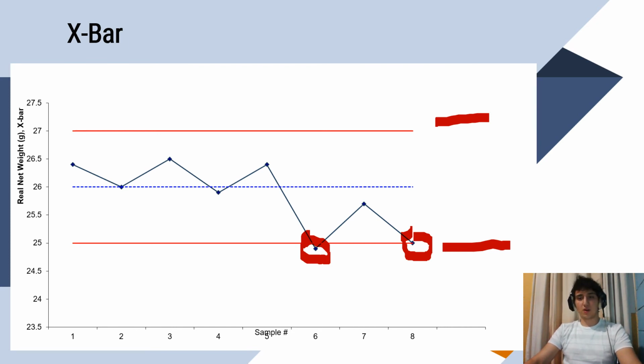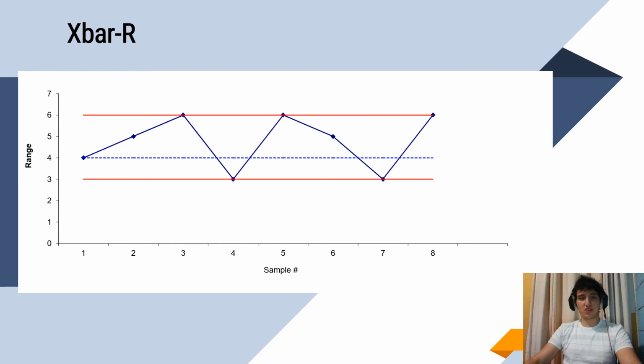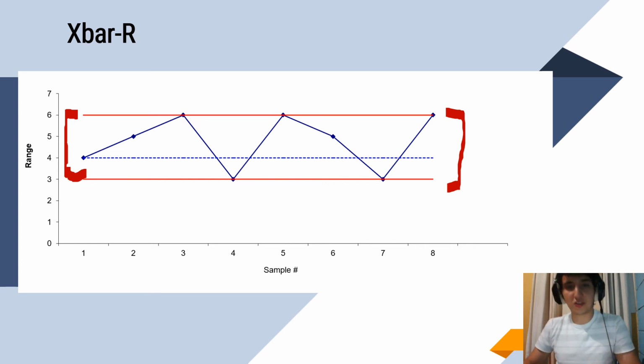Also with the X-bar, we have the X-bar range graph. This one tells us about the consistency between the samples. As we can see here, the marks are very close together, and that means the measurements we took before are okay.